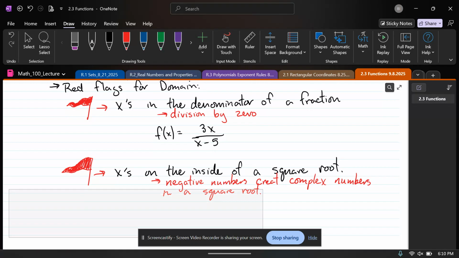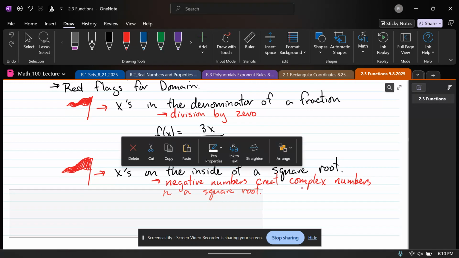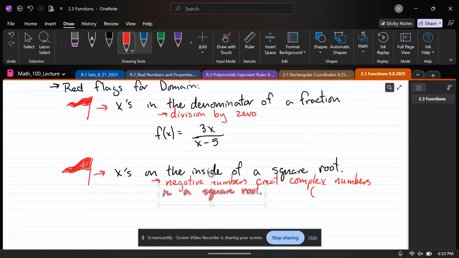By complex numbers, I mean things that have the i, like a plus bi. That's a complex number. That i comes from the square root of -1. That's a definition thing. We'll get plenty of practice with that later on. It's not that important that you remember that. The thing you've got to remember is that if there's a square root in the problem and there's an x inside of there, you've got a red flag.